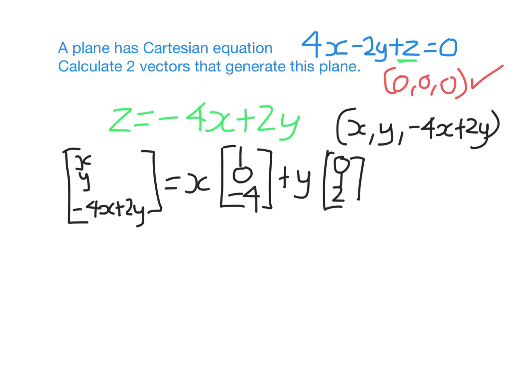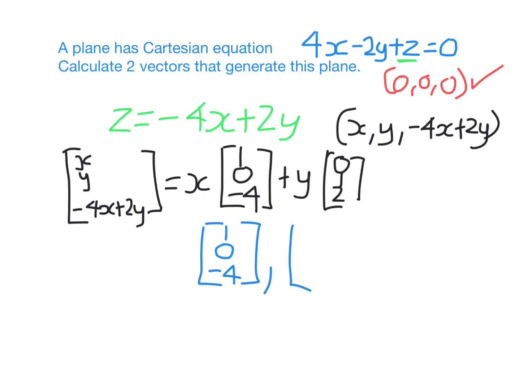So hopefully you're starting to see that this looks awfully like a linear combination, which it is. We have the linear combination of two non-zero and non-parallel vectors. Accordingly, these two vectors can be chosen to generate our desired plane.